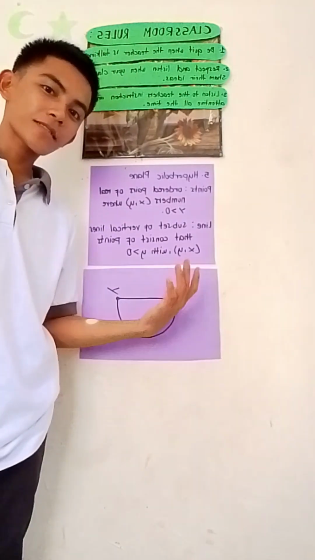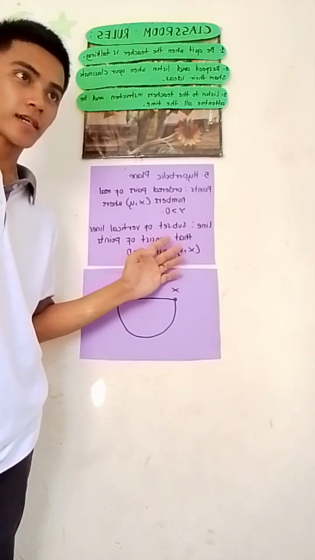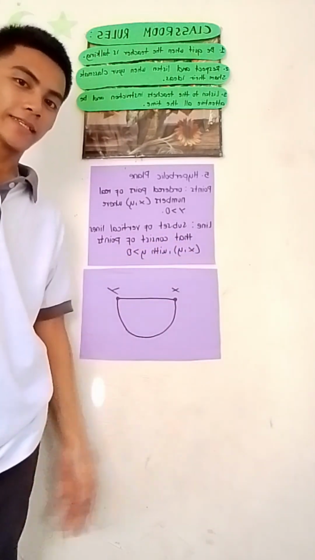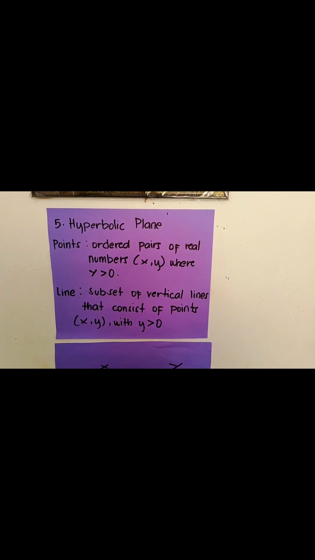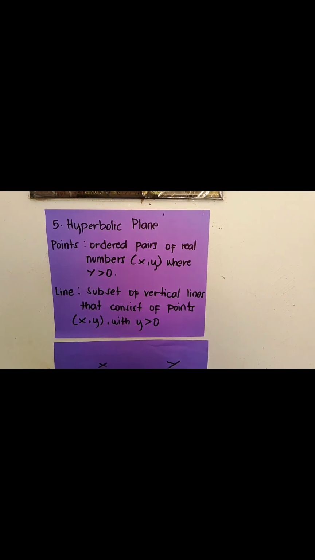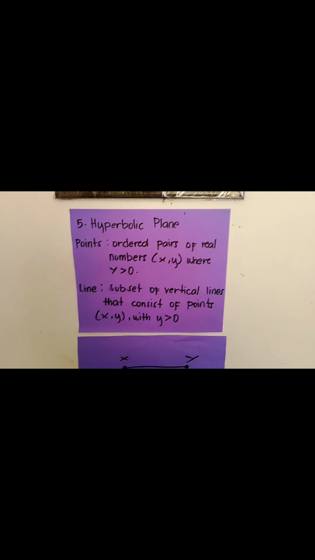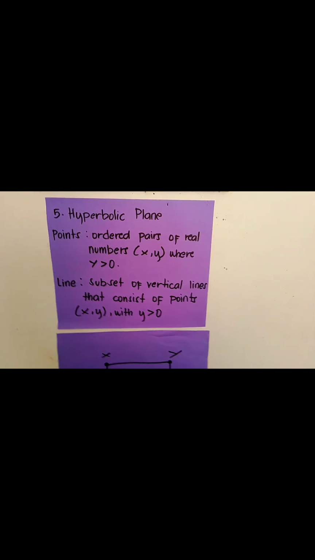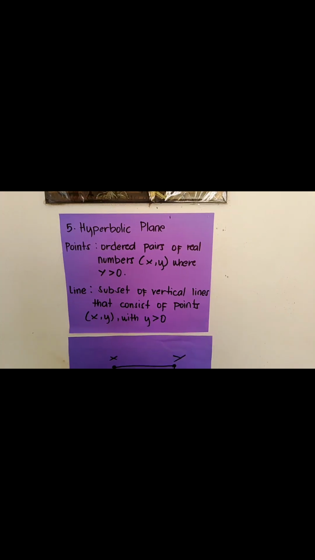Okay, the last model of incidence geometry is the hyperbolic plane. Points are ordered pairs of real numbers x and y where y is greater than 0. Lines are subsets of vertical lines that consist of points x and y with y greater than 0. So, example.